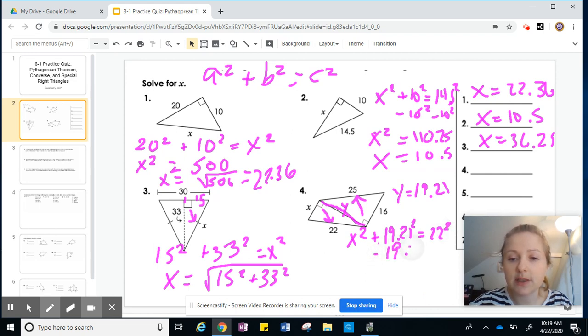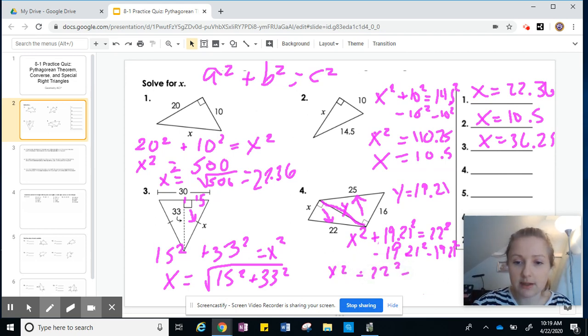Subtract this from both sides. And then x squared equals 22 squared minus 19.21 squared. And you can take the square root of this whole thing to get x alone.